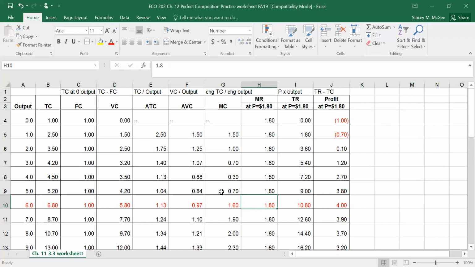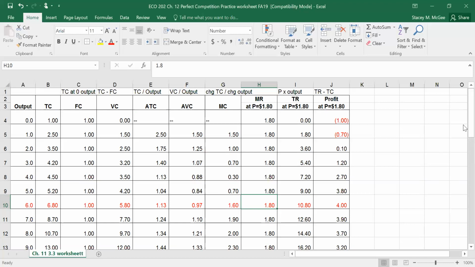So the point where marginal revenue and marginal cost are the closest, but marginal revenue is still higher, is going to be your maximum profit. So that's the case at $1.80. You could do the same thing on a graph, but you find where marginal cost equals marginal revenue, and that's how many to produce.